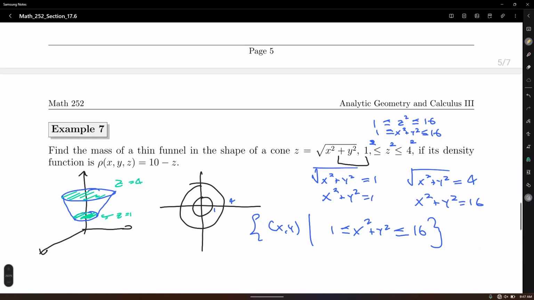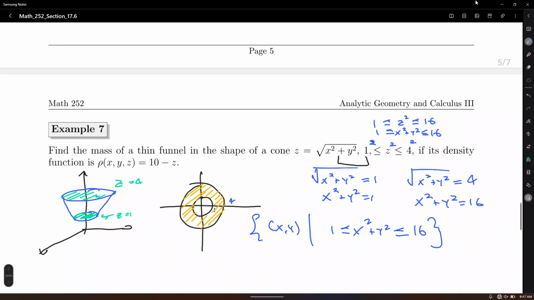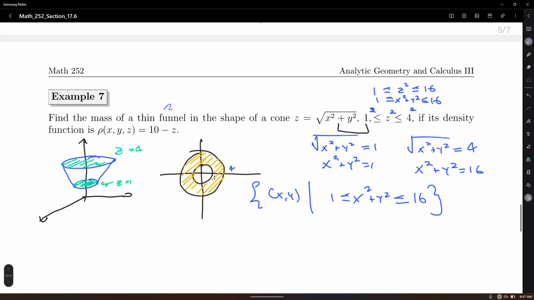This one we will evaluate. You're going to like this one, I think. Number one, the partial derivatives. So z equals x squared plus y squared raised to the 1/2.